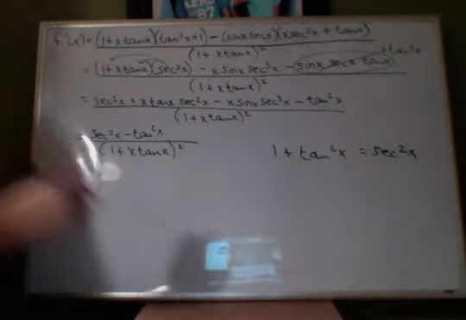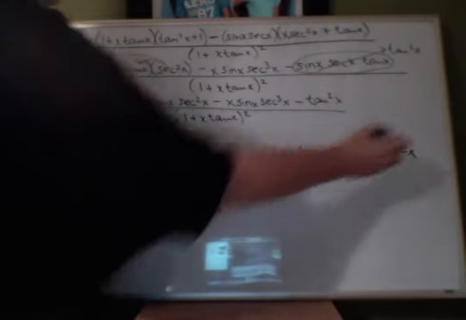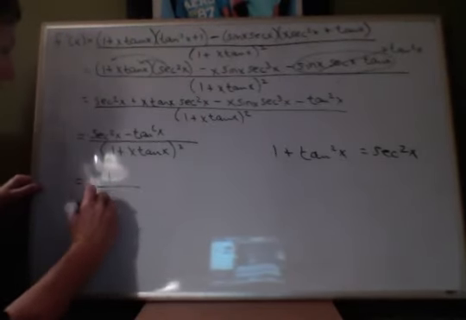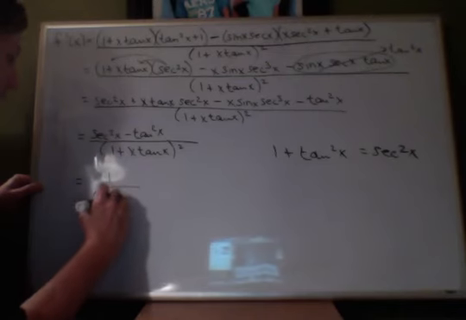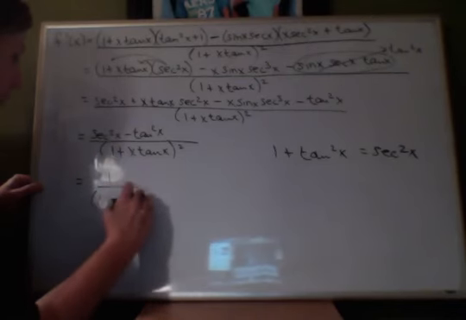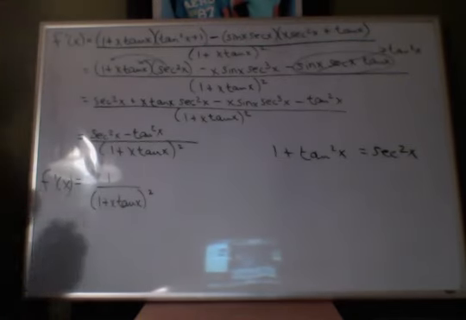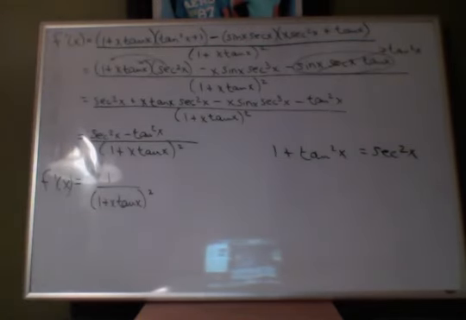And all I have to do is subtract tangent squared on both sides to find out that secant squared minus tangent squared is equal to 1. And that is the derivative of this problem.